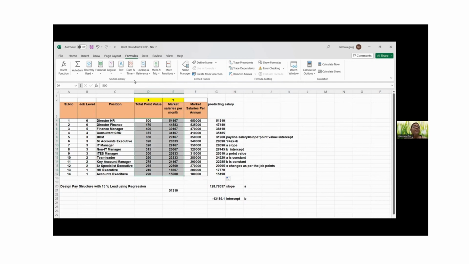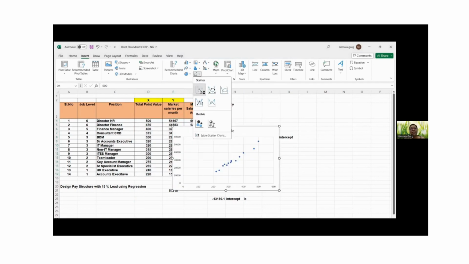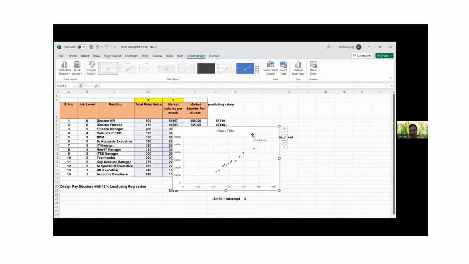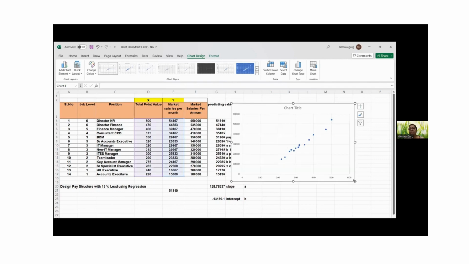Now go to insert, then go to chart. Then say I want this. Just take it here. Let me make it little. Now what will I do?